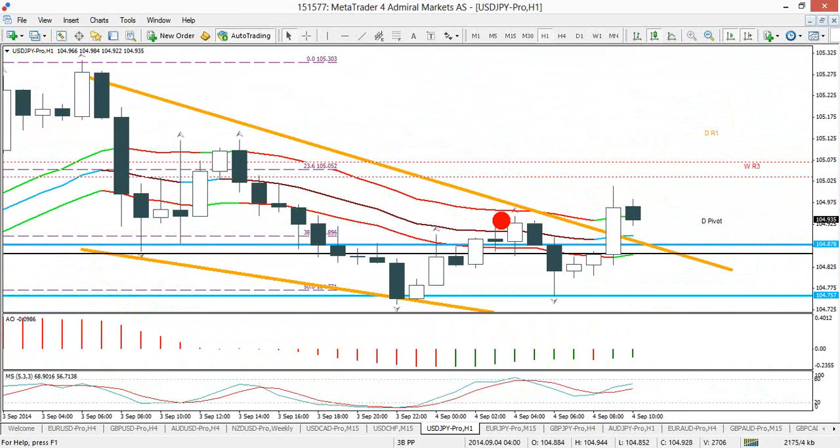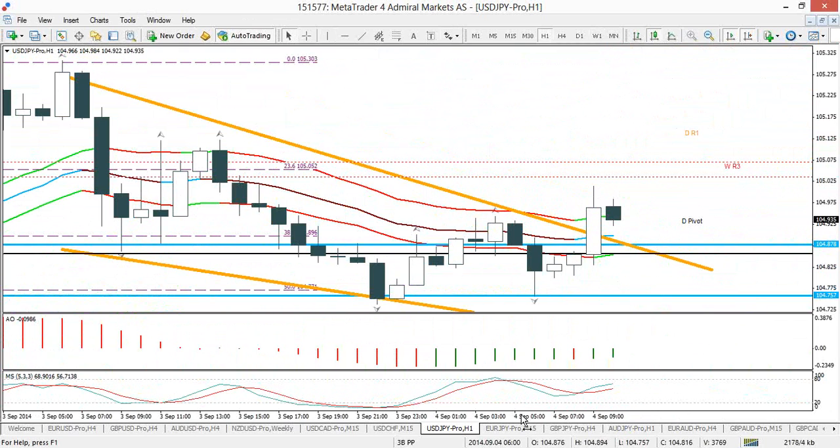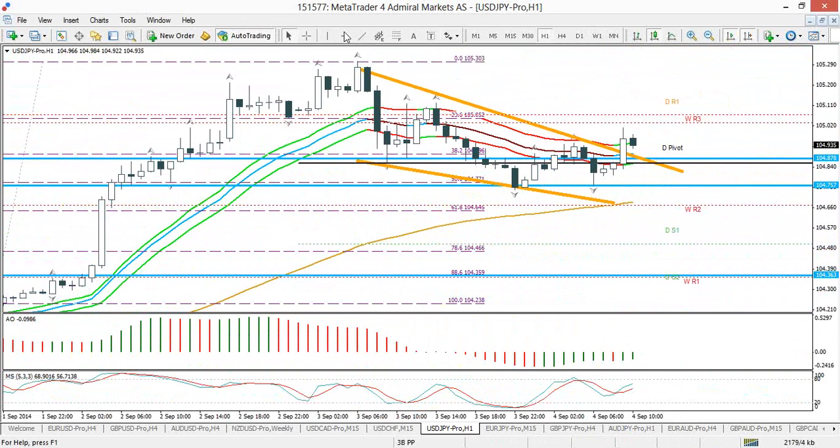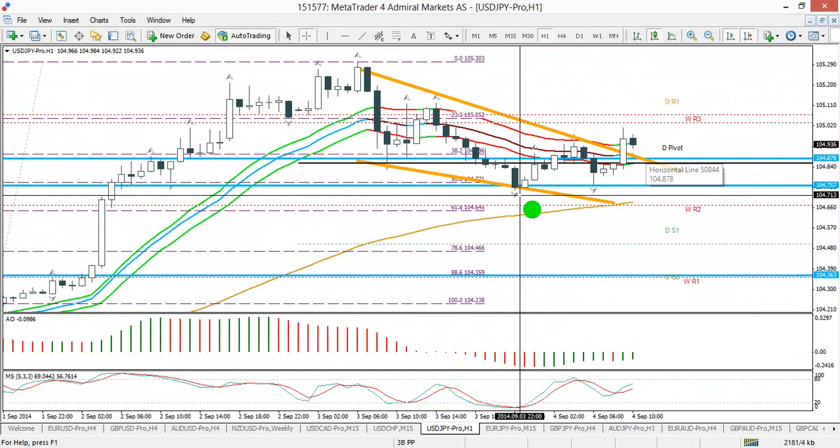But with these signs and the AO back to the zero line, plus the fact that we're breaking through the 1 hour top here and the moving averages are going back into a bullish mode, I think there's a decent statistical probability of upside with a long somewhere in here, or maybe a few pips lower, with a stop loss at that 68 level, or even a bit lower, maybe below the 61.8.